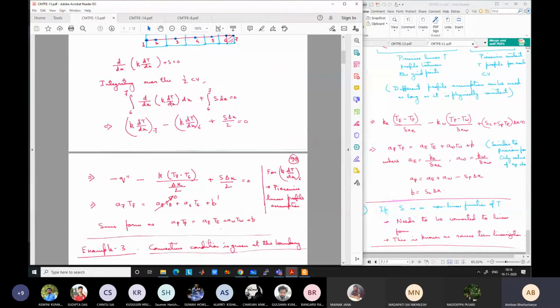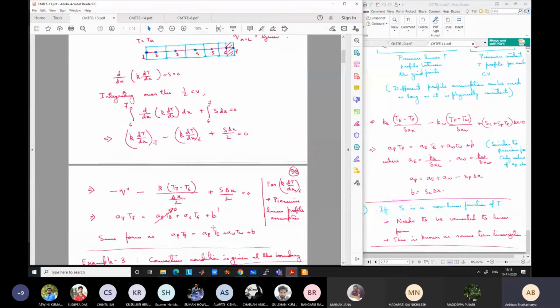Say, for example, for this third grid point, A3T3 is equal to A4T4 plus A2T2 plus B3. Actually, this will not be A4T4 and A2T2. What will happen is that this coefficient AE is still corresponding to this grid point.